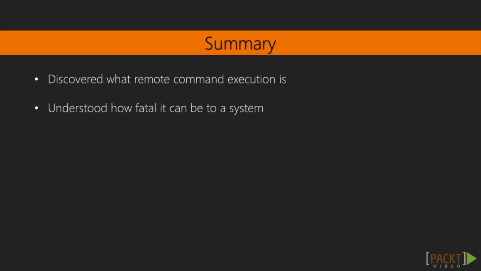So in this video, we've discovered what remote command execution is, and we've also understood how fatal it can be to a system. Using regular names like cp.php and admin as the folder comes down to common practices not to do, but we should also validate what is included in the user input, even if we are in the admin area. It doesn't matter whatsoever.